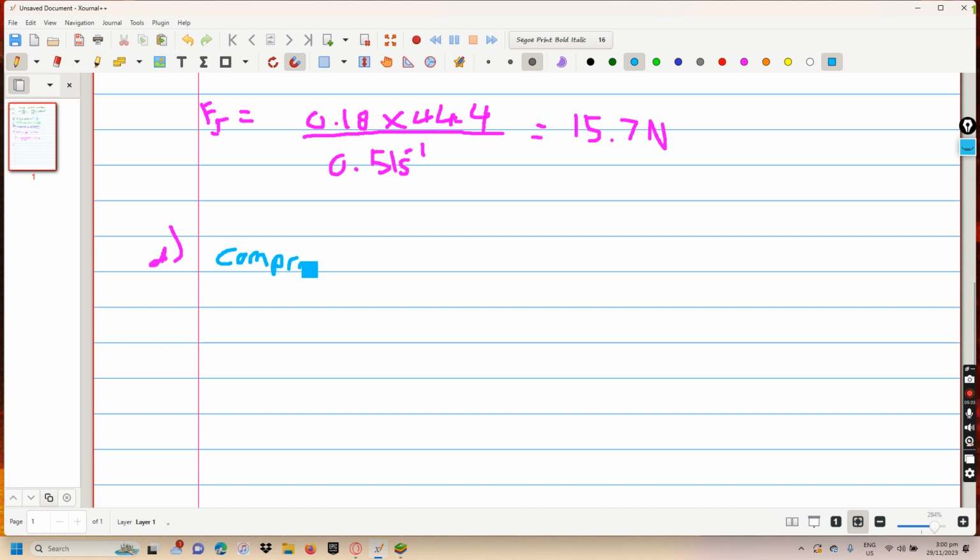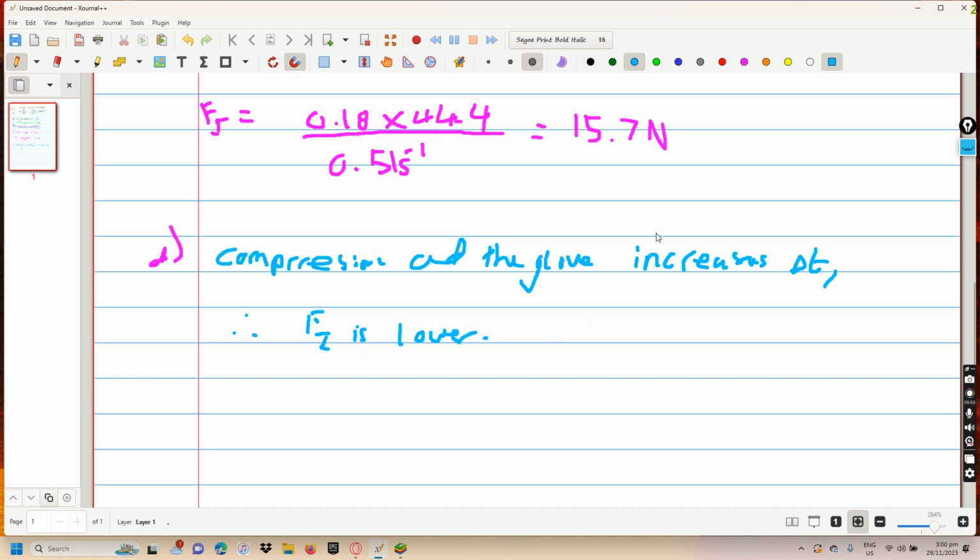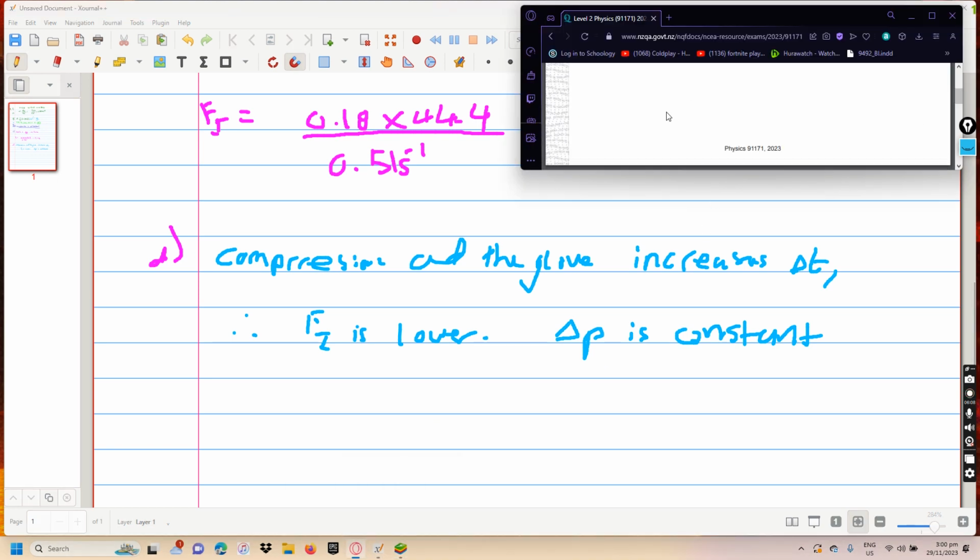Compression of the glove increases the change in time, therefore the impulse force is lower. Again, expand on this, right? Mention delta P is constant, that's not affected, it's not increased or anything. So yeah, it's not too bad.